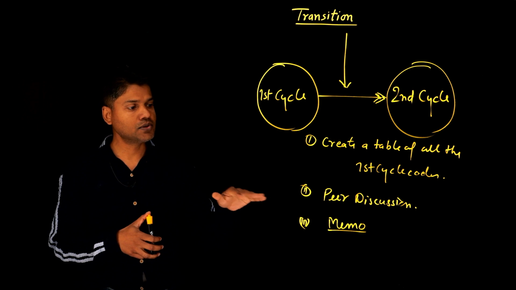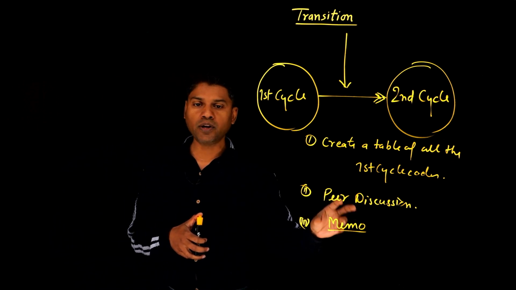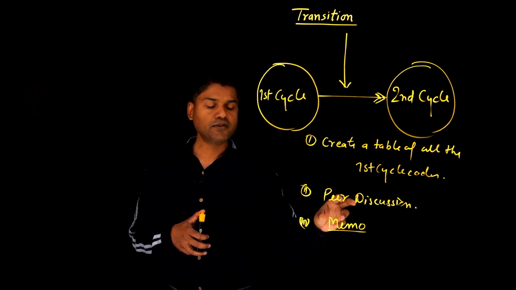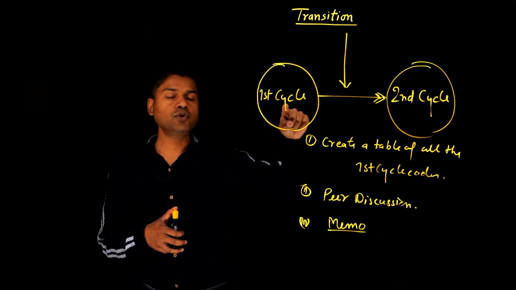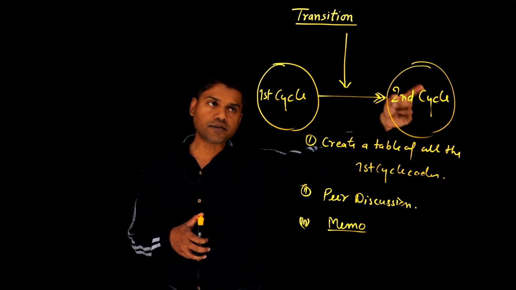But here, just understand that memoing is a very important process that needs to be followed when you are doing the first cycle of coding and when you are trying to transition to the second cycle of coding.